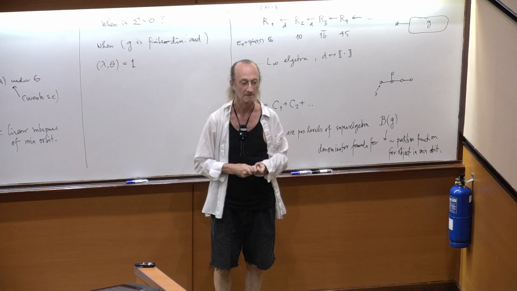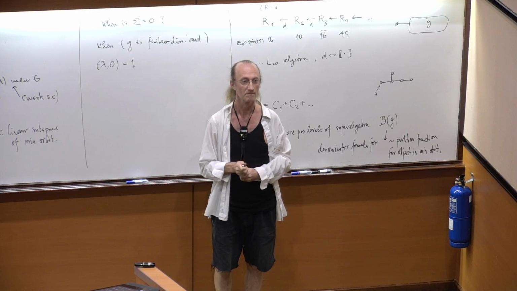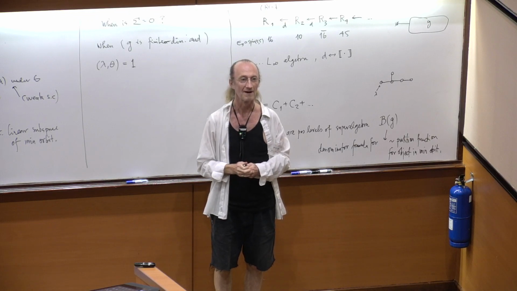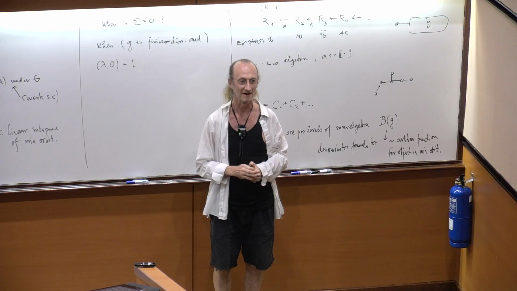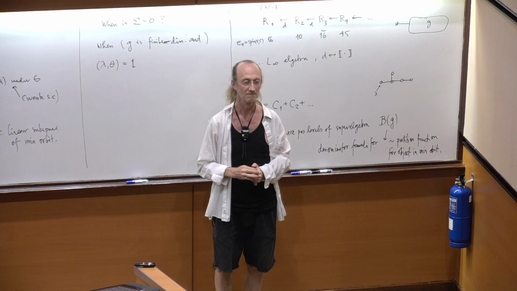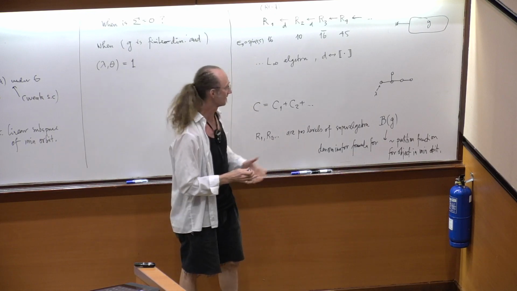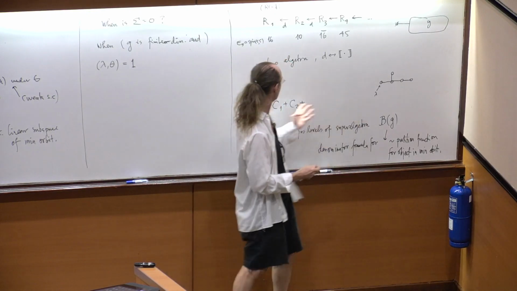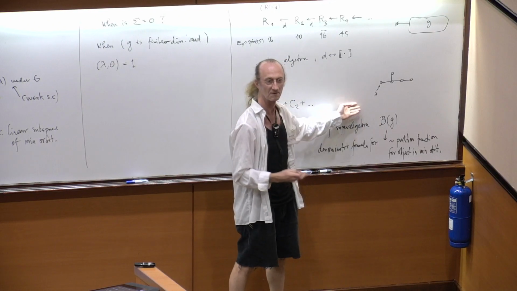Why? I don't know what the L-infinity algebra is unless I can use something to build it. I need to write it down. What are the brackets? Exactly. And if I don't know what these are, I don't know what to write.